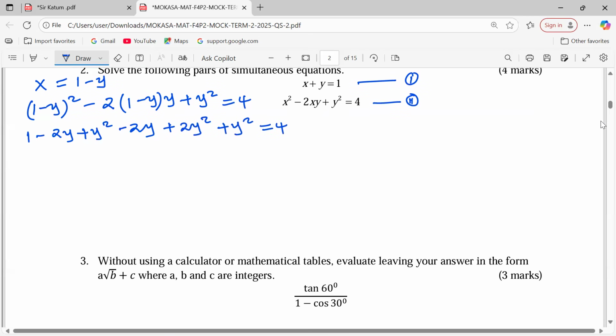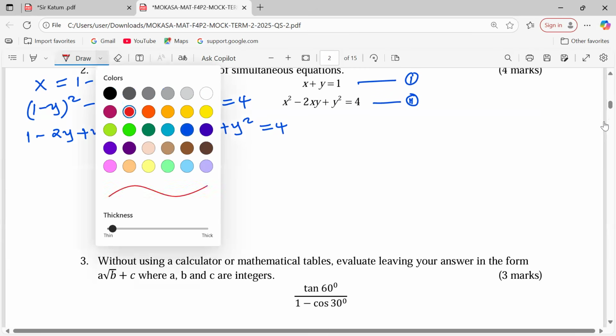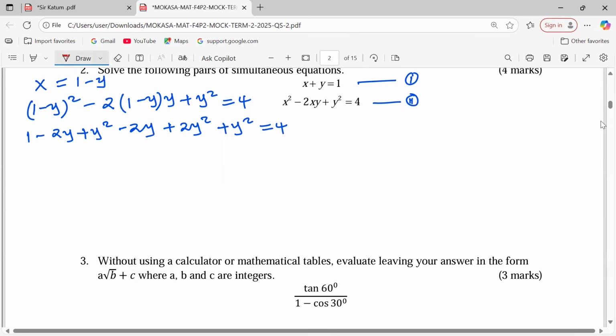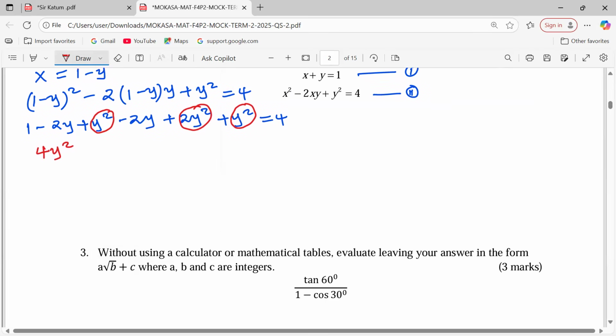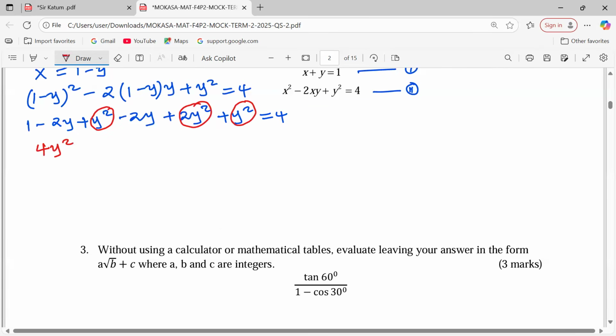Grouping of like terms. When we talk about y squared, we have 2y squared, and we are now having y squared. So that makes it 4y squared. At that point, we are also having minus 2y and minus 2y.